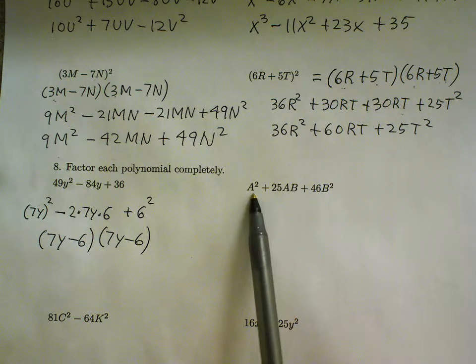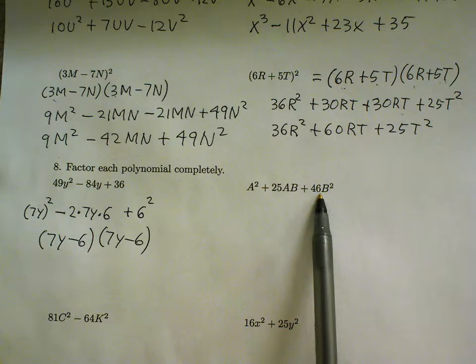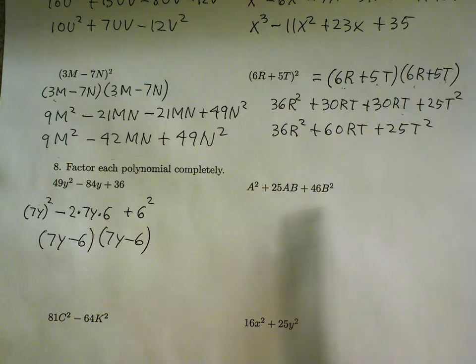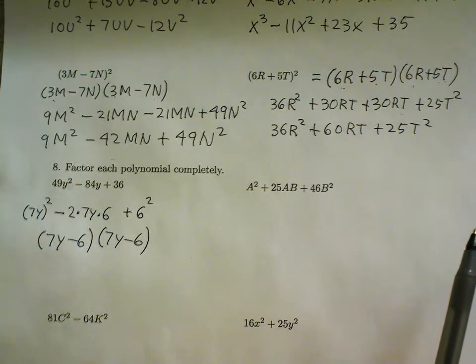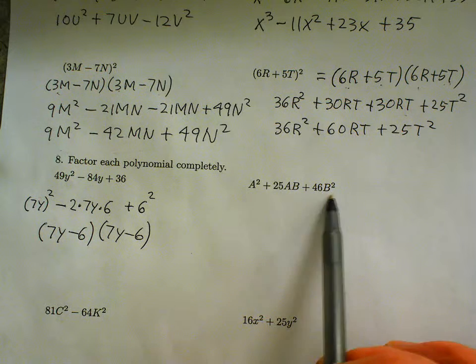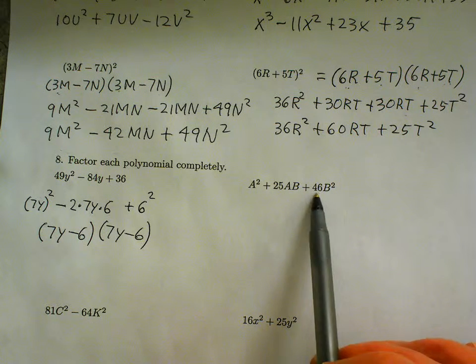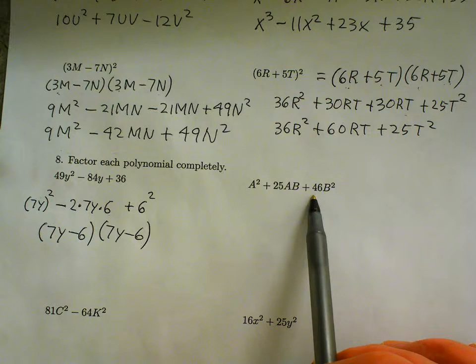Okay, the next one, a to the second plus 25ab plus 46b to the second. The greatest common factor of all three terms is 1. Well, this can't be a perfect square trinomial because 46 is not a perfect square.